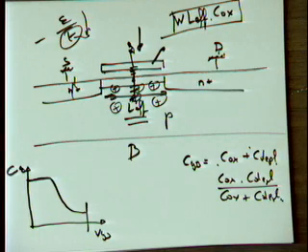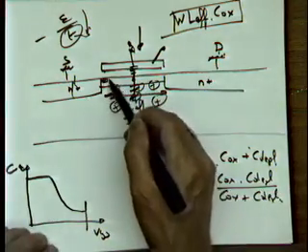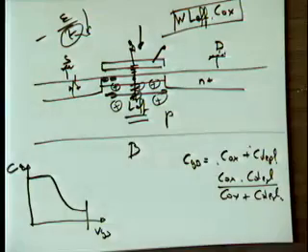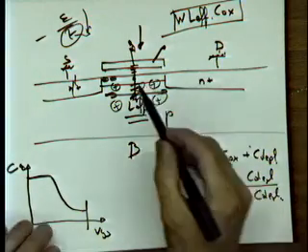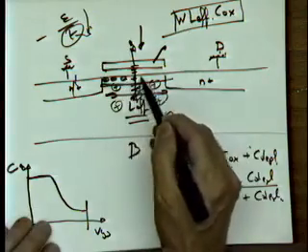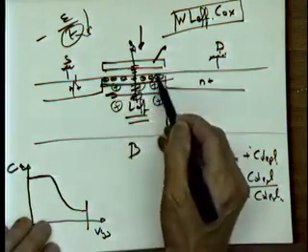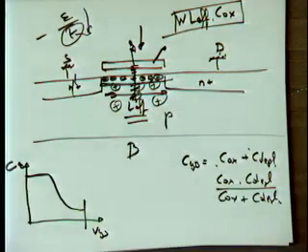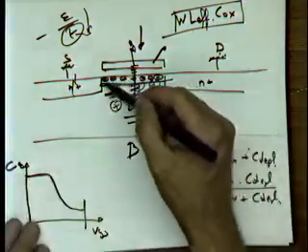At that point in time, suddenly we get strong inversion on the channel. This material, instead of being P material, becomes N material. It inverts, and a channel forms with free electrons. The channel is a conductive medium. It has free electrons, it can conduct.